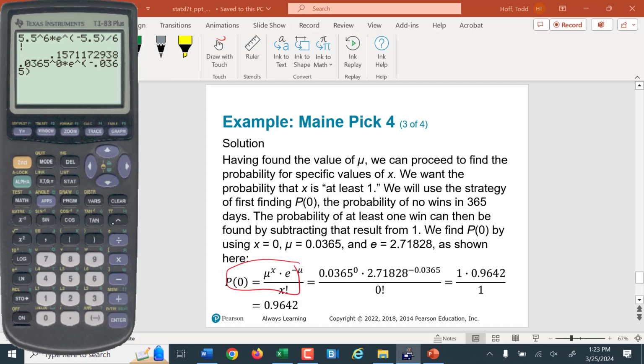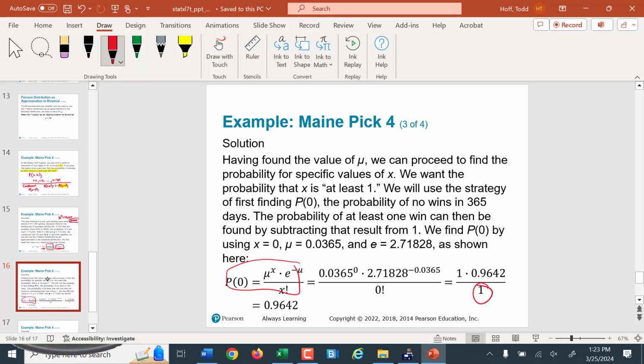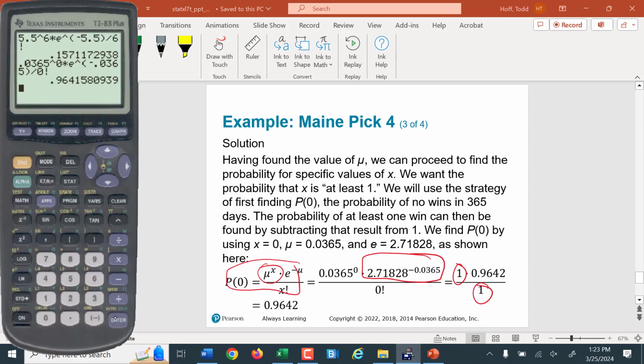We're going to close that parentheses. And we're going to divide by 0 factorial. So I'm just going 0, math, probability, factorial. 0 factorial is 1, by the way, as you can see in the slide. Mu to the power of 0, anything to the power of 0 is also 1. So this really all reduces down to e to the power of negative 0.0365, which is going to give us 0.9642, they're rounding it to, so 0.9642.